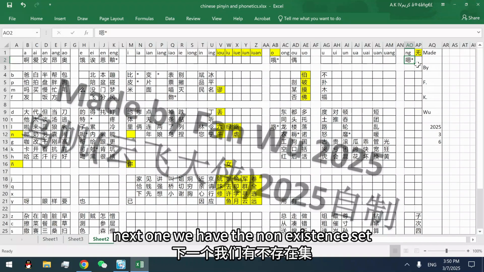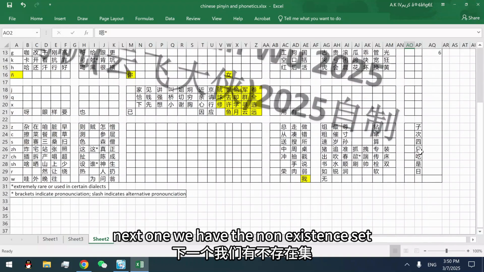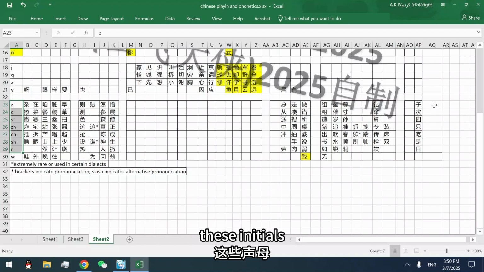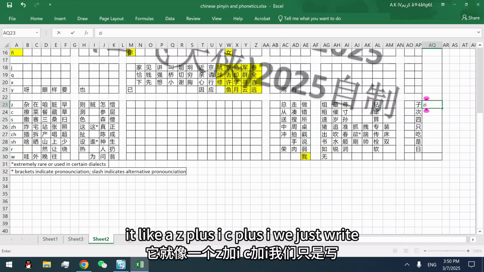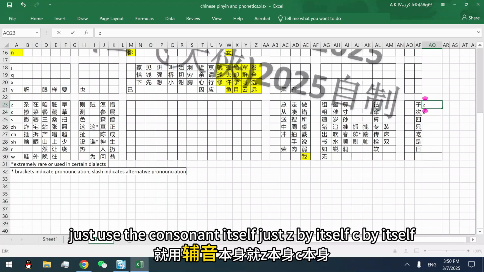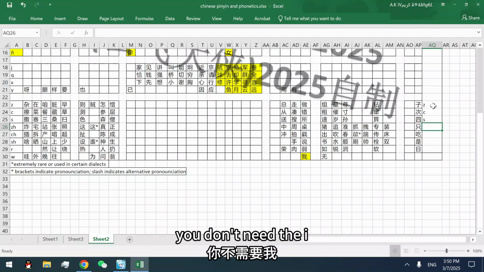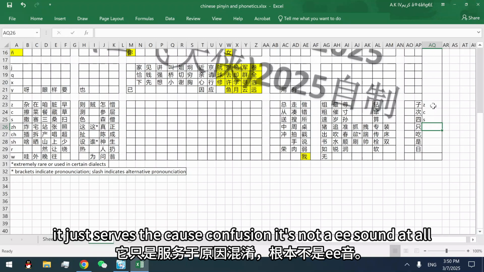Next one, we have the non-existent set. So for the 滋, 呲, 思 zhi chi shi ri, these initials, instead of writing it like Z plus I, C plus I, we just use the consonant itself, just Z by itself, C by itself, S by itself, whatnot. Because you don't need the I, it just serves to cause confusion.